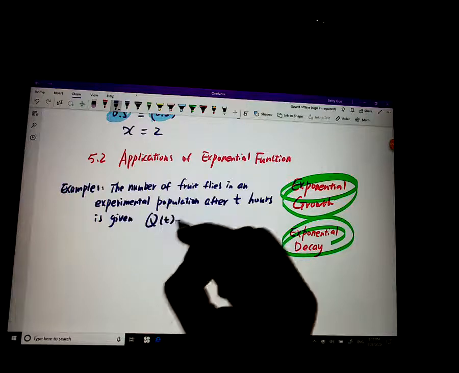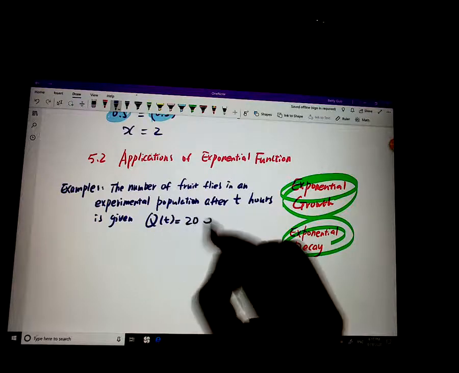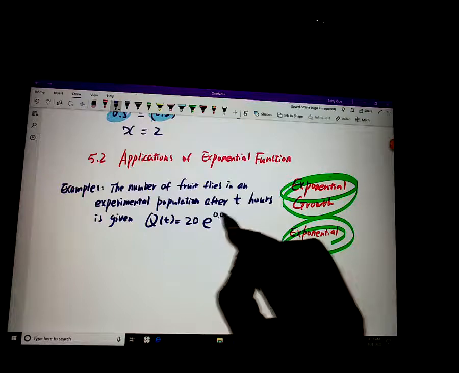Q of t equals 20 times e to the power of 0.03t.